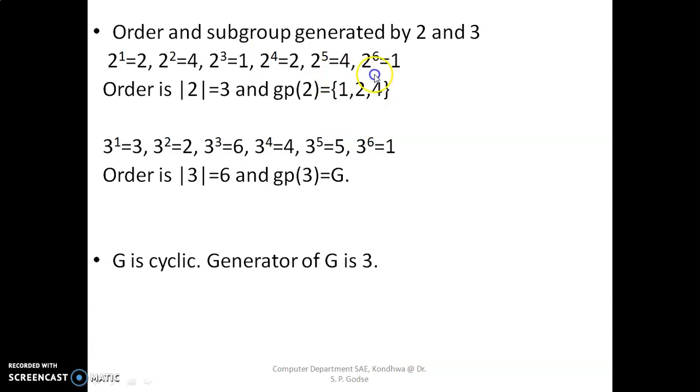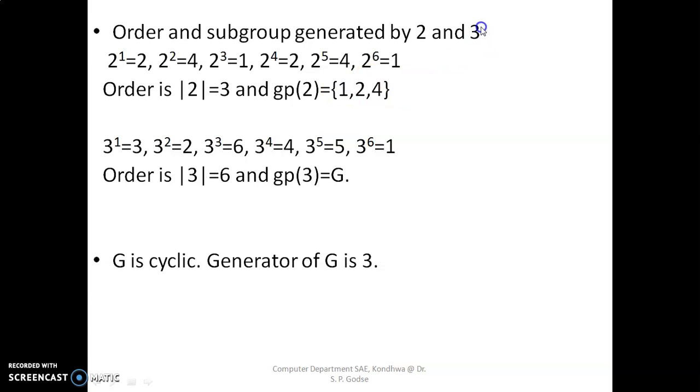Likewise you will get these values: 2 raised to 3 is 1, 2 raised to 4 is 2, 2 raised to 5 is 4 and 2 raised to 6 is 1. So the order |2| is equal to 3 and the subgroup generated by 2 is nothing but {1, 2, 4}.